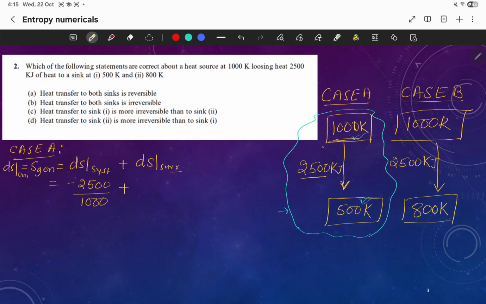This negative sign shows that the heat is coming from this, and we will take the increase in entropy for this lower cooler thermal reservoir. This will be 2500 upon 500. Okay, so if we do this calculation, what we get: minus 2.5 plus 5 equals to how much here, 2.5. Okay, now let's take case B.